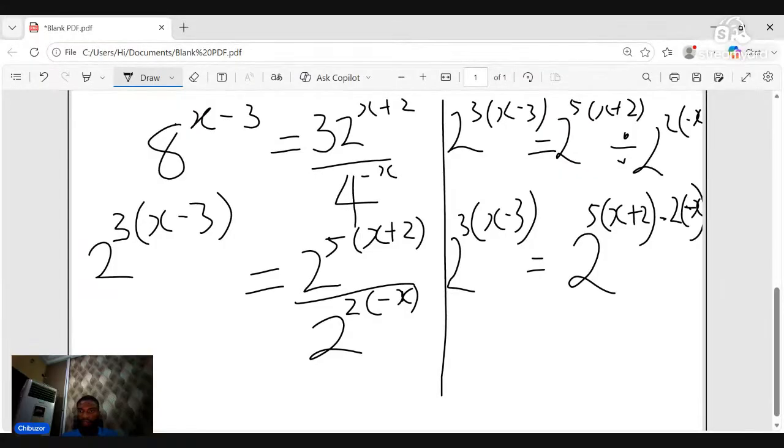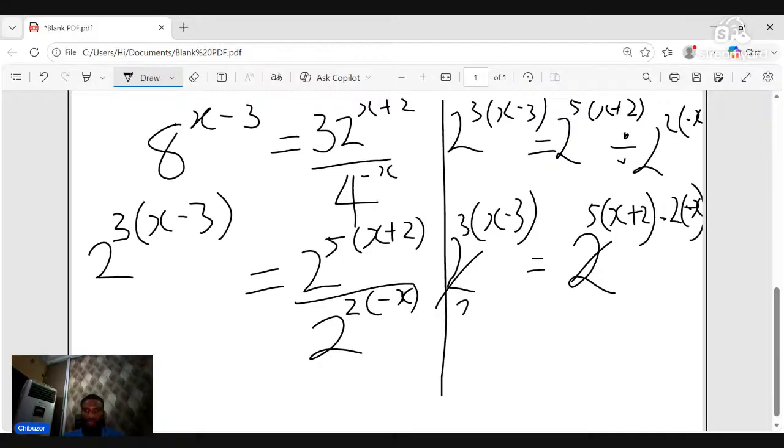Okay, good. So we've succeeded in having a common base, which is 2 and 2. What do we do? We cancel out 2 and 2.